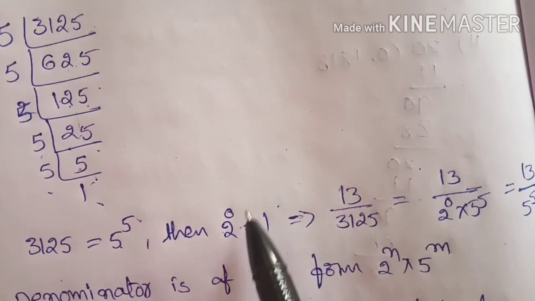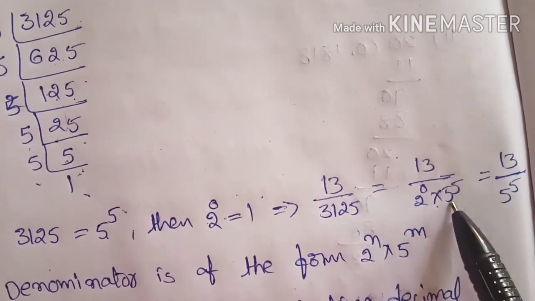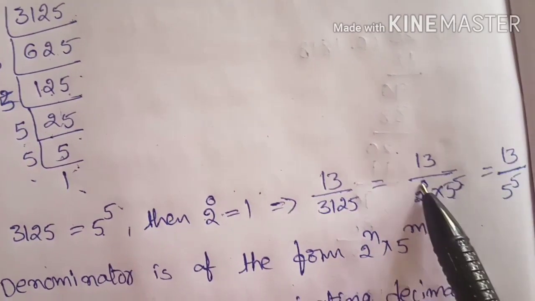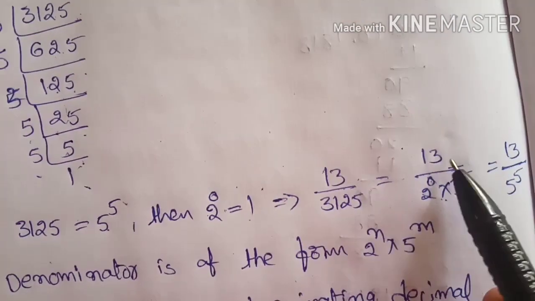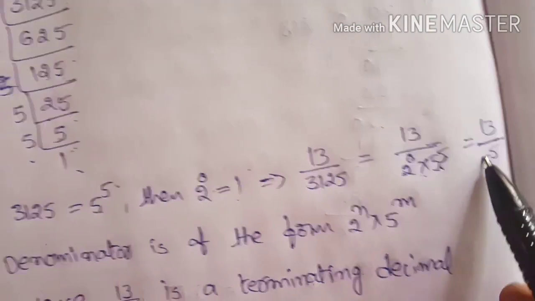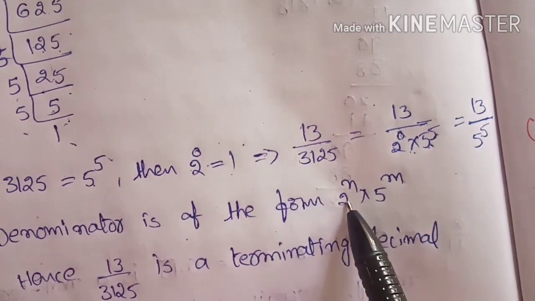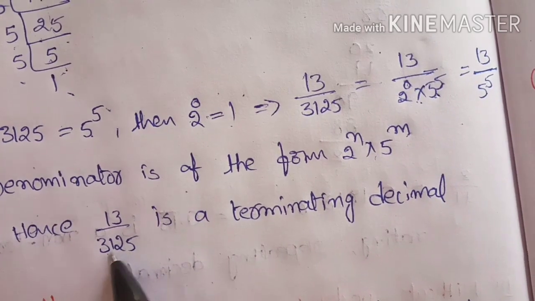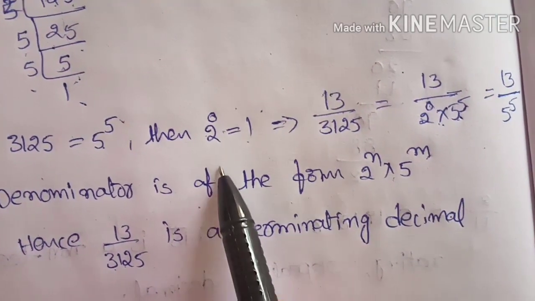You write it in the form of 2 power n into 5 power m. 2 power 0 means 1, so 2 power 0 into 5 power 5. Then 13 by 5 power 5. The denominator is of the form 2 power n into 5 power m. Hence 13 by 3125 is a terminating decimal.